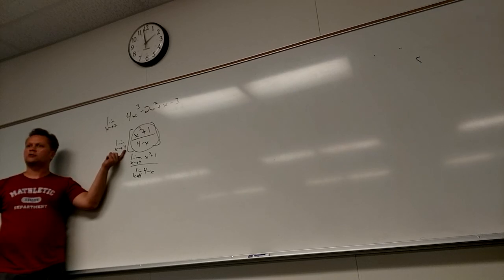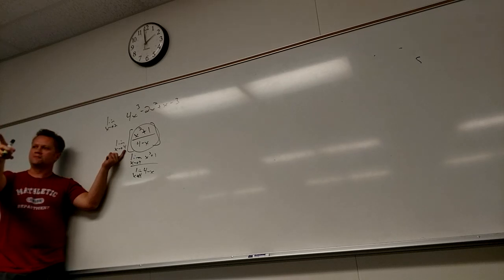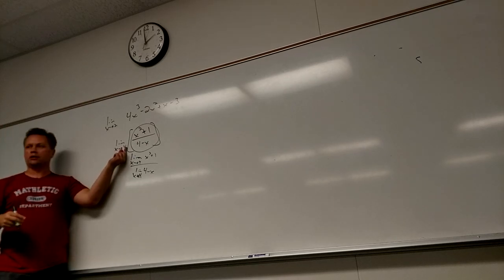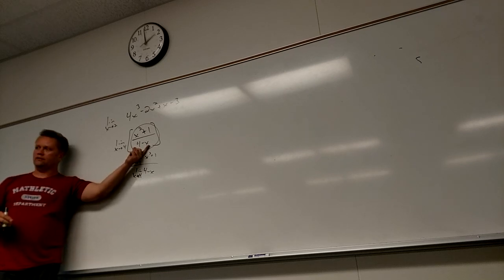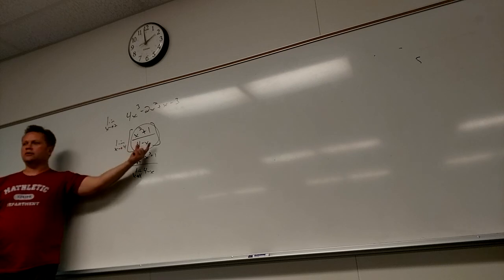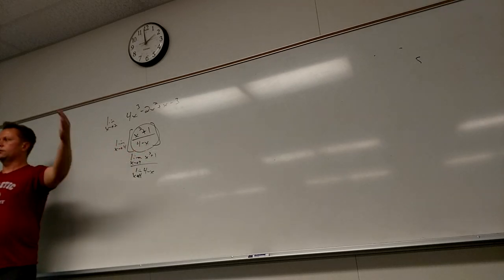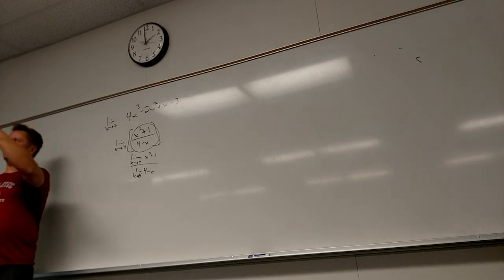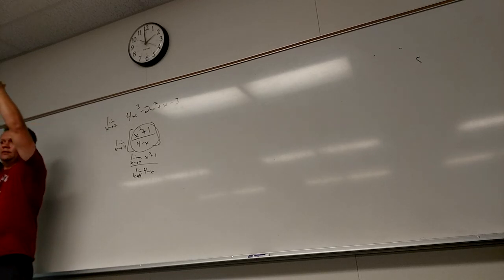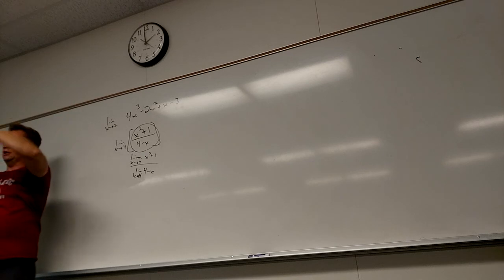Yeah, the values approach 4 from both sides. If I approach 4 from below, the bottom is positive: 4 minus 3, 4 minus 3.5. If I approach 4 from above, the bottom is negative. So they don't even agree on how they don't exist.